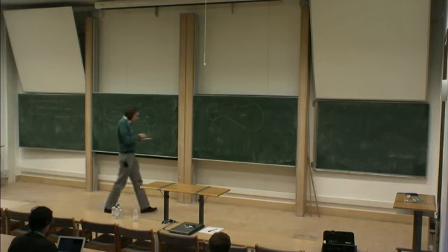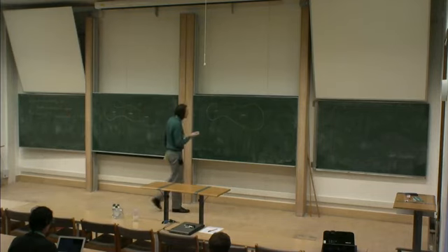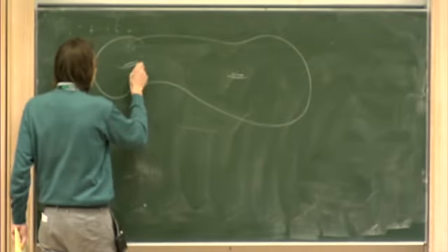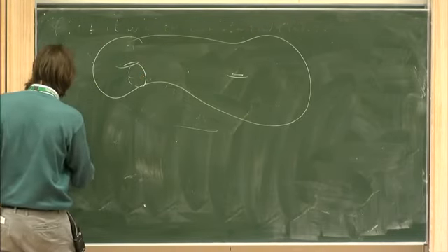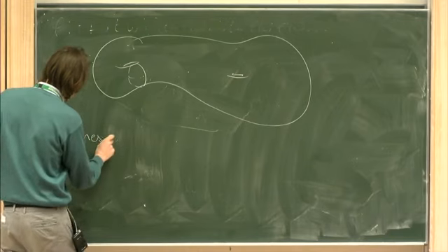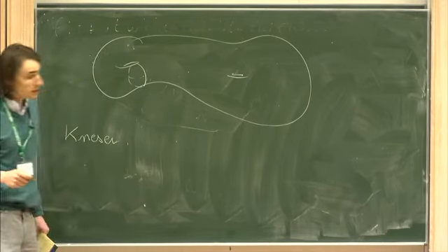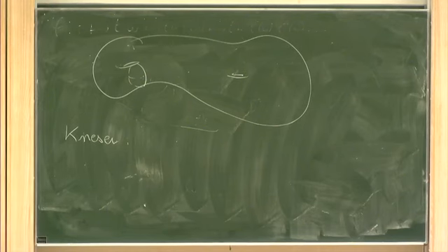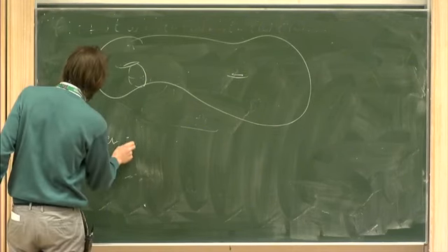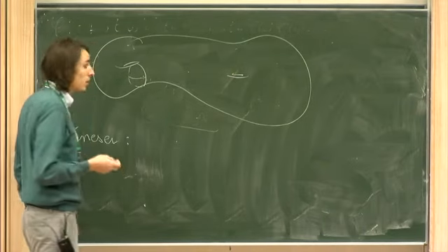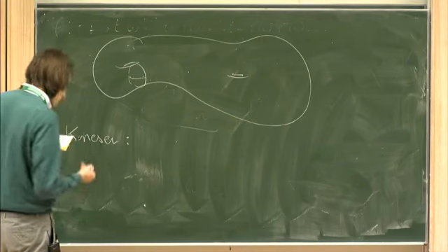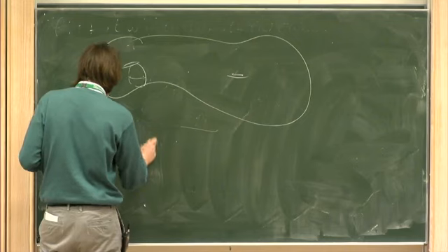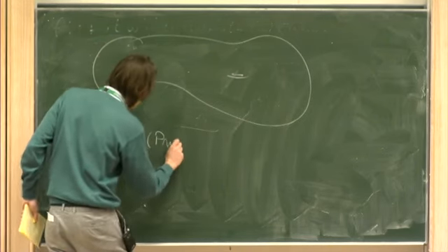This question has been answered in the case of embedded spheres by Kneser. That finds a bound on the number of incompressible spheres that are not parallel. It's called the prime decomposition.